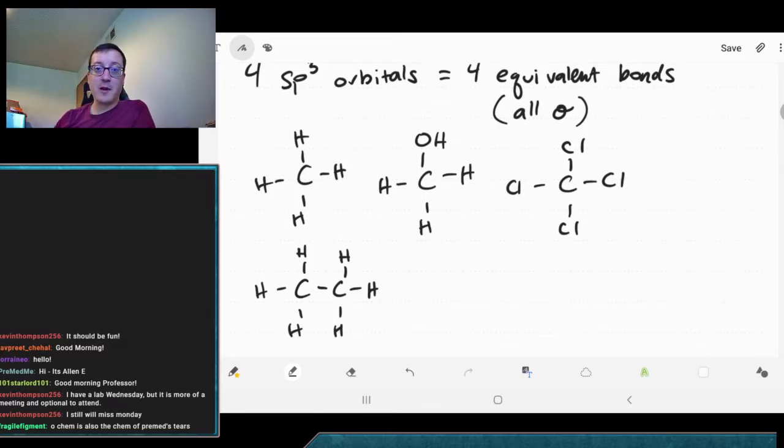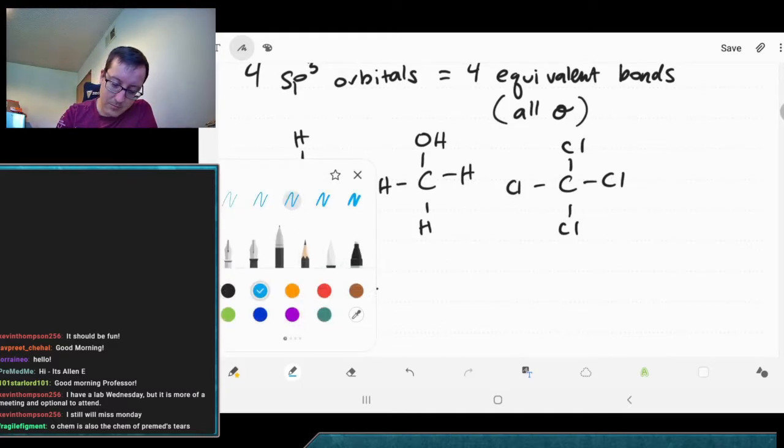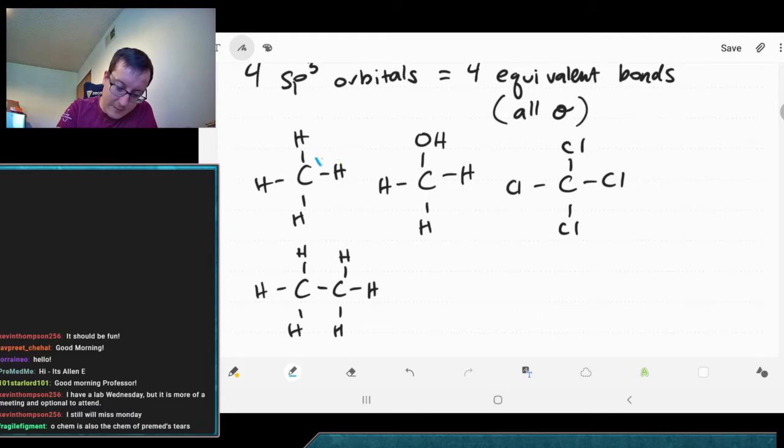Because we have no double bonds. That's the easy way to think of an atom. If it has only single bonds or lone pairs, that means it's going to be sp3 hybridized. So if I were to mark on these, actually the oxygen too, all these starred atoms are sp3 hybridized.